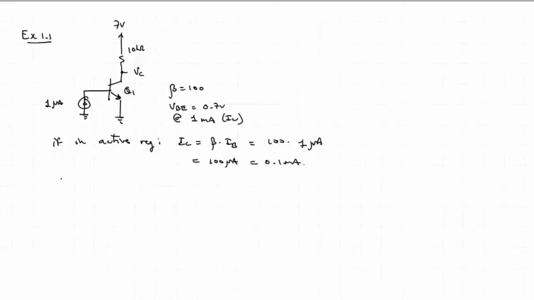Then VC is equal to 7 volts minus 10K times IC, which is 0.1 milliamps. So therefore we would have 6 volts.